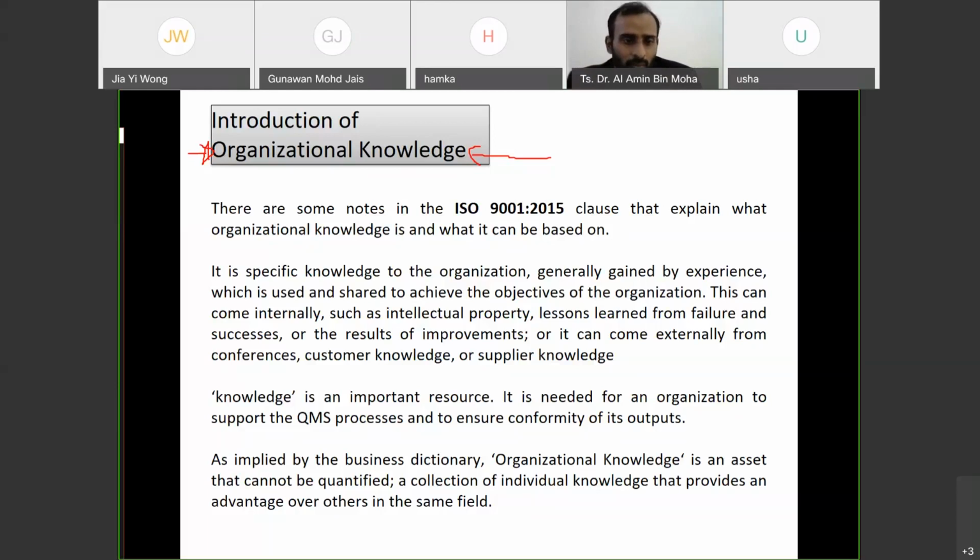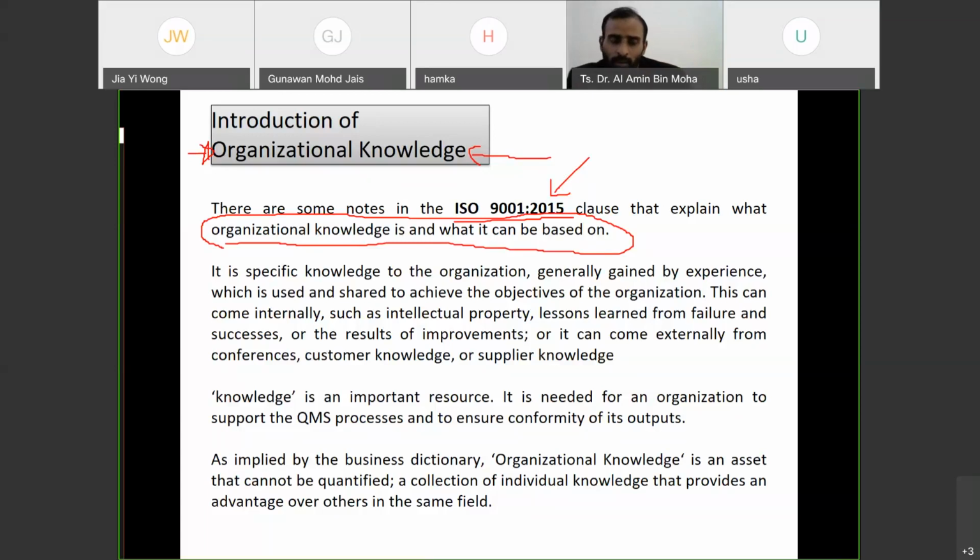So we just take the ISO 9001:2015. There are some notes in a clause that explain what organizational knowledge is and what it can be based on. Why do I quote ISO 2015? Before 9001:2015, there was no mention of organizational knowledge by ISO.